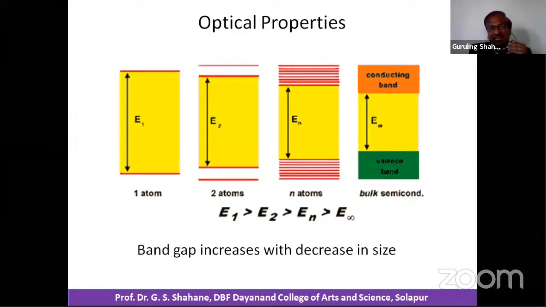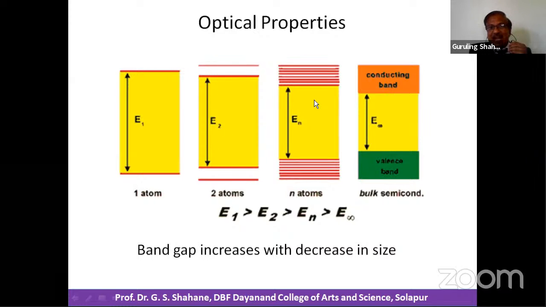Optical properties. Generally, we measure the optical band gap of the bulk material. Now, if we consider a single atom, there is a valence energy level and a conduction energy level, and that gap we call the band gap. But if we increase the number of atoms, say from 1 to 2, the energy levels split, and see the effect on the band gap.